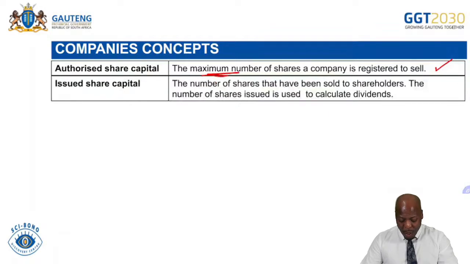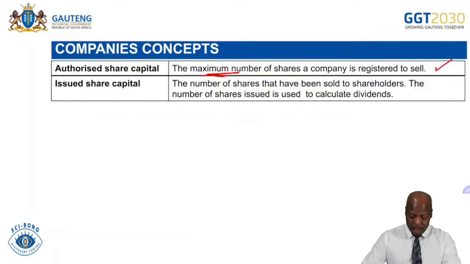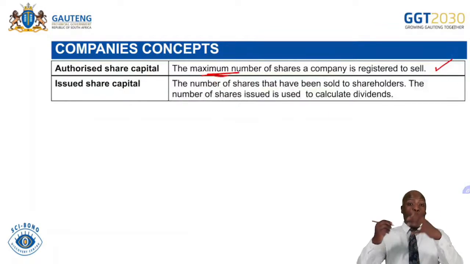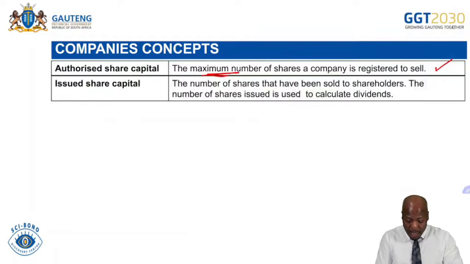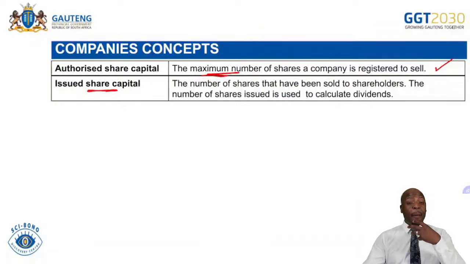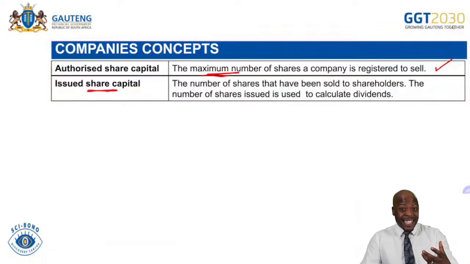And then the next one is what we call the issued share capital. So out of the authorized share capital, the maximum, we then issue some shares to the public. That is what is called the issued share capital. So the issued share capital is coming out of the authorized. You will see as I begin to do calculations later.